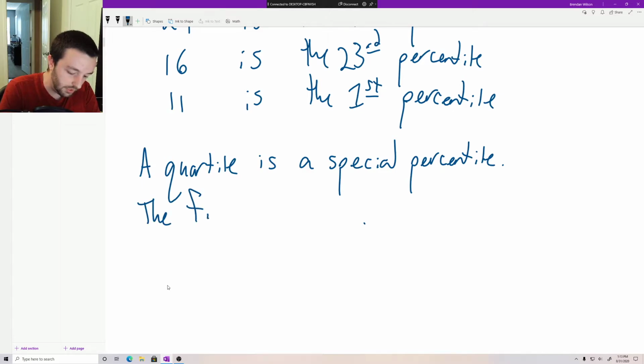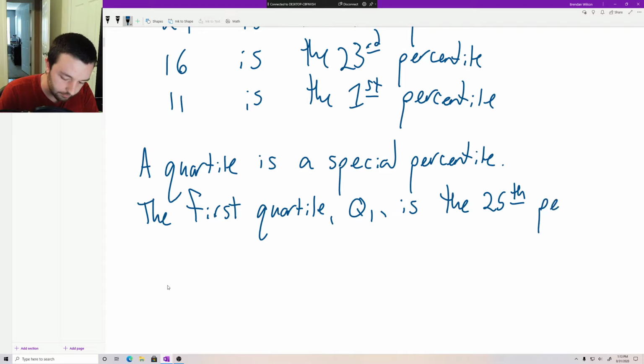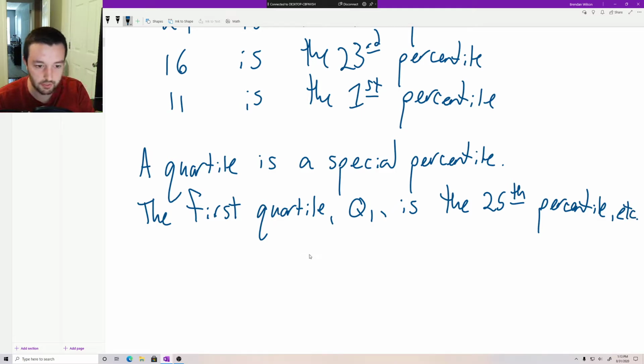The first quartile, which we typically will call Q1, is the 25th percentile. I'll make a little table here in a second.